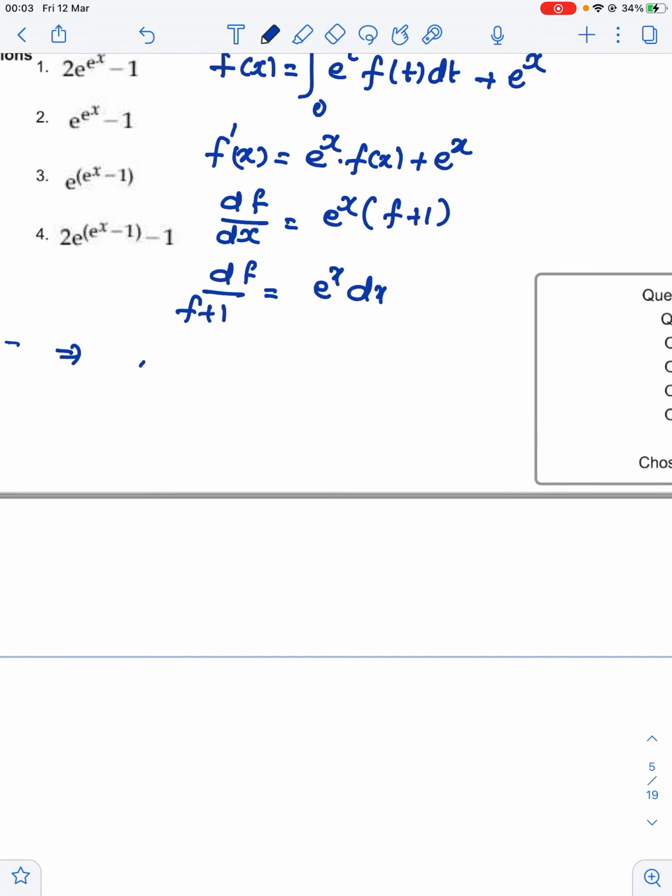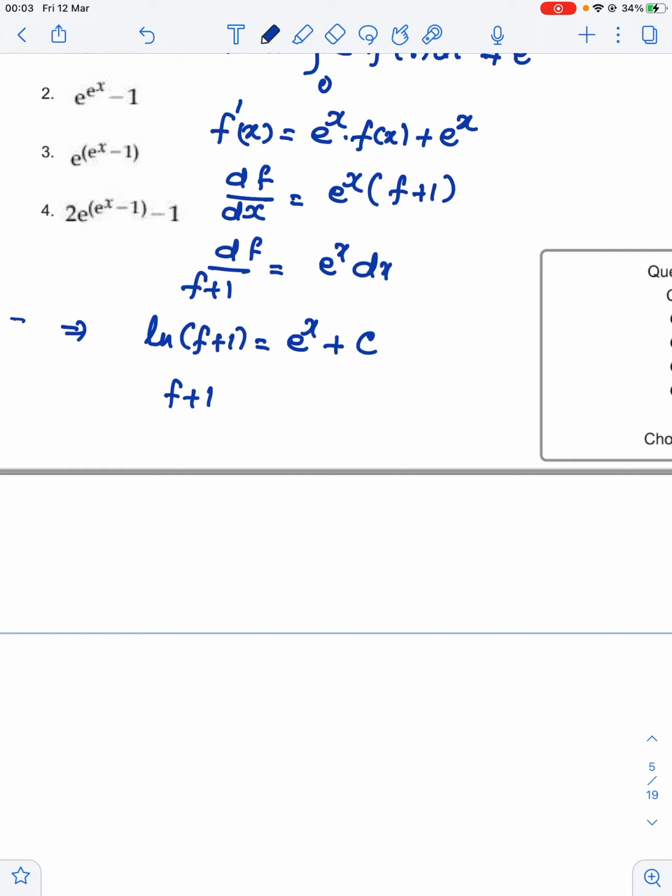So this turns out to be ln(f plus 1) is equal to e to the power x plus c. So f plus 1 is e to the power (x plus c), and we can also write this as e to the power x into e to the power c.